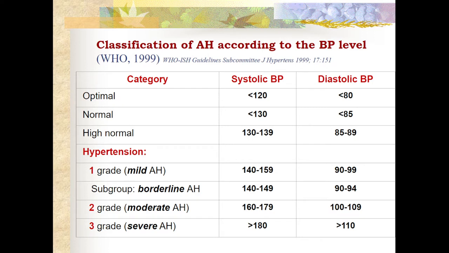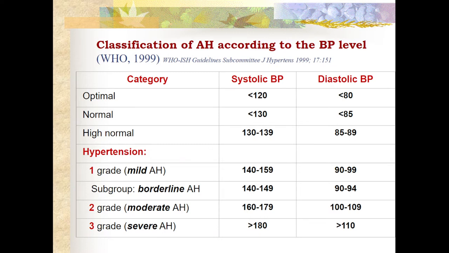Second grade or second degree is established when systolic blood pressure is 160 to 179 mm of mercury and or diastolic blood pressure is 100 to 109 mm of mercury.